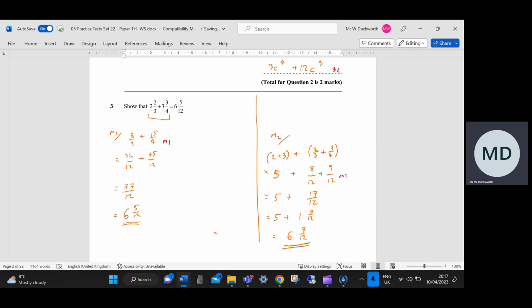And then the second method mark is either for this method of putting them over the same denominator, or repeating the mark scheme, which is okay. We'll go M1 there. And then the final mark is for the correct answer, or for working it through to the answer.